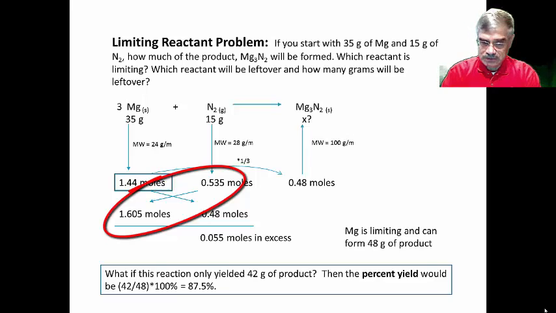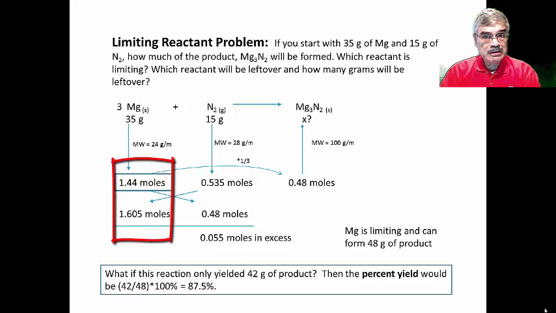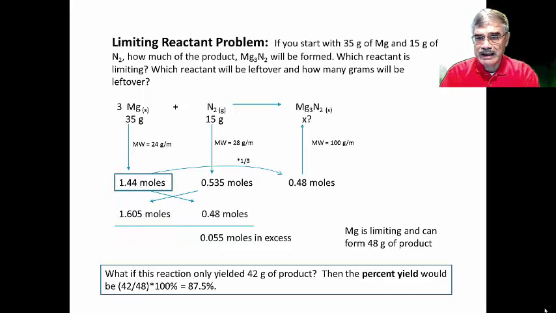Or in other words, notice the arrow, you would have needed 1.605 moles of magnesium. Do you have 1.605 moles of magnesium? No, you had less. You had 1.44. So again, this reinforces that the limiting reactant is magnesium.